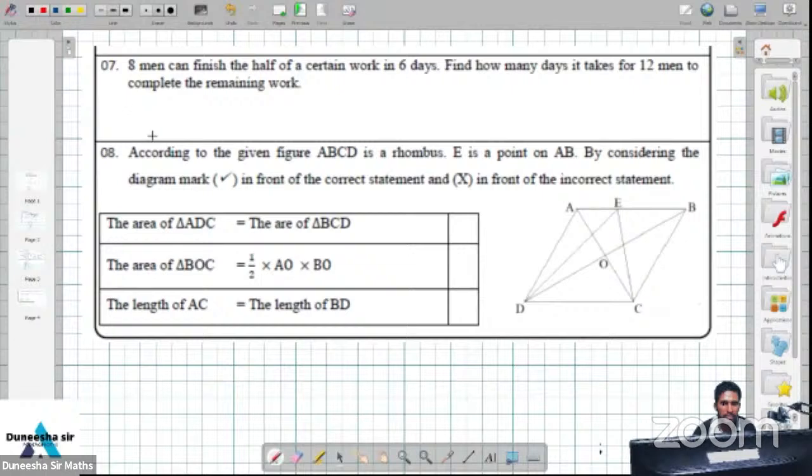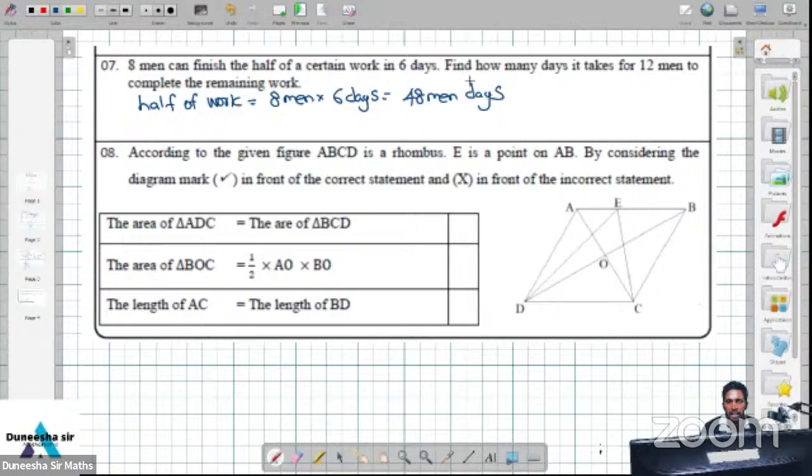Half of the work equals 8 men multiplied by 6 days. How many men-days? 48 men-days. Half the work takes 48 men-days.